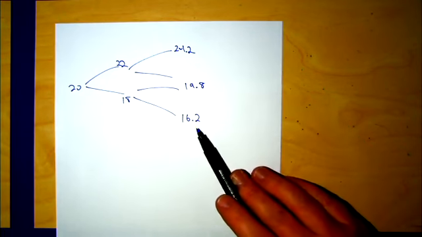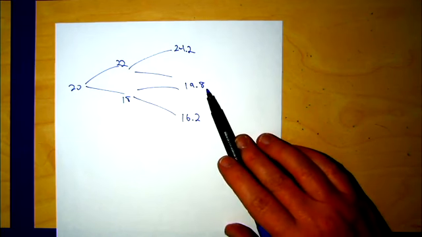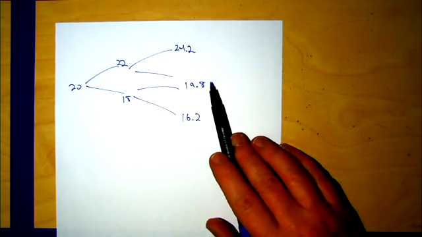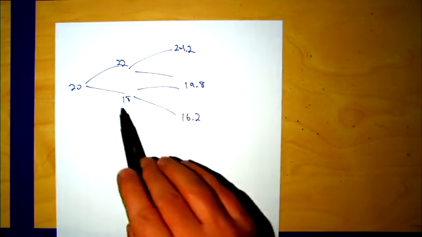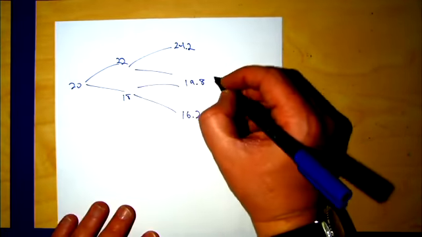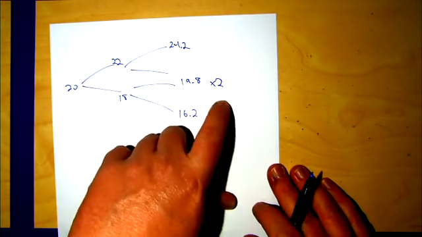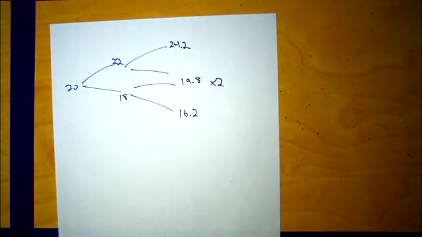One. How many ways are there to get to 16.2? One. How many ways are there to get to 19.8? Two ways. So any payoff you find here, you have to multiply by 2, because there are 2 chances of getting that potential payoff, going up then down, or down then up the tree. Turns out in this case there is no payoff at that node, because the option has an exercise price of $21.